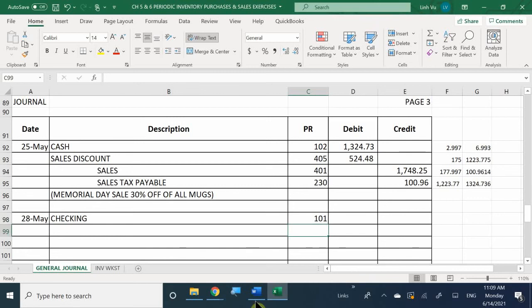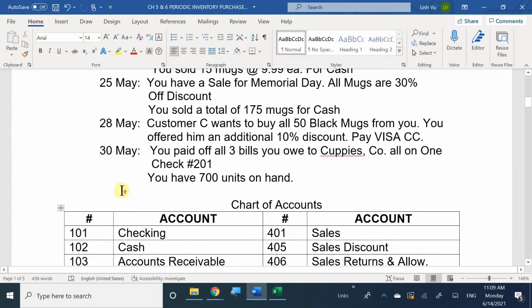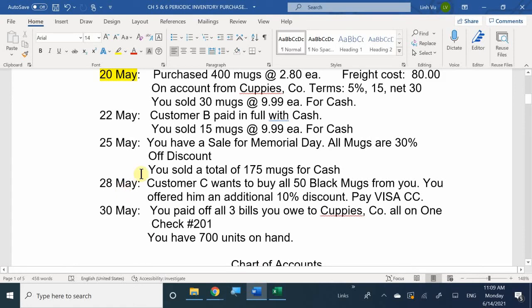Now, in this case, I sold him all 50 black mugs, but I also gave him a 10% discount.